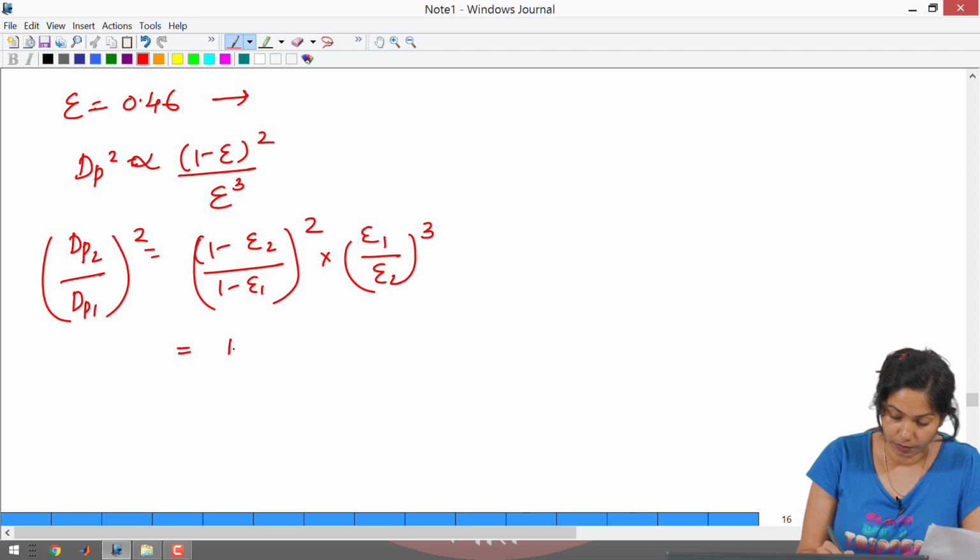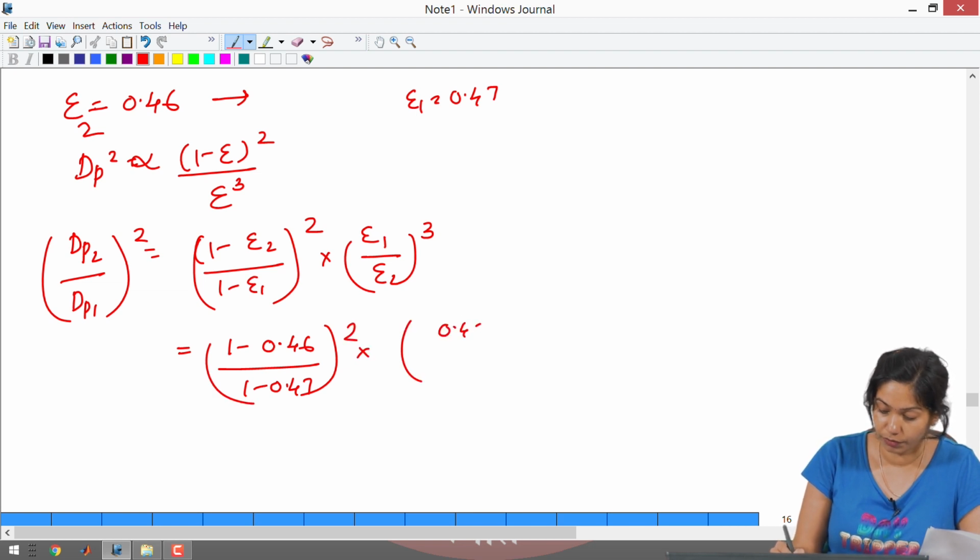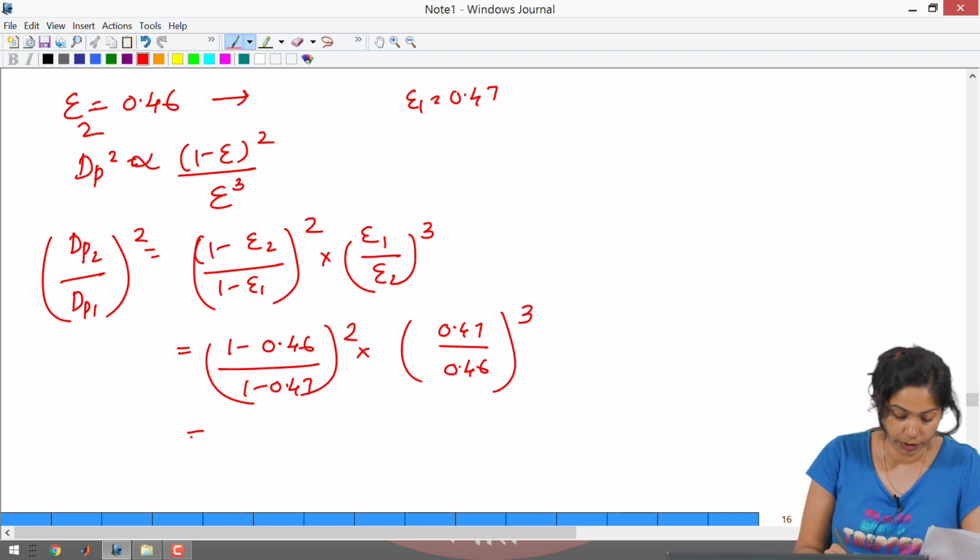Initially sigma 1 equal to 0.47, sigma 2 equal to 0.46. So, (1 minus 0.46) divided by (1 minus 0.47) the whole square into (0.47 divided by 0.46) the whole cube, and you will get it equal to 1.086.